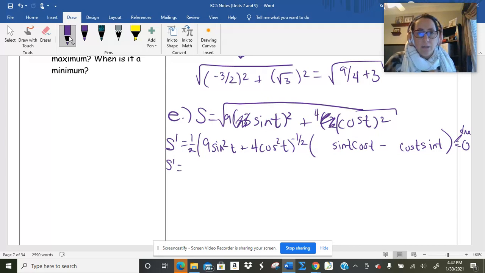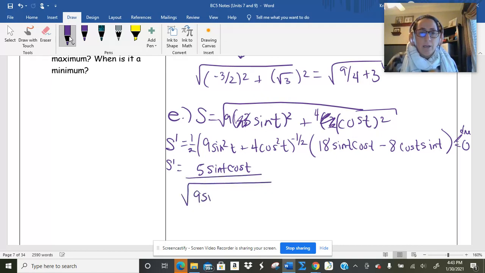Okay, yeah, duh. So this would have been an 18 and then a negative 8. Okay, my bad. So now I have a negative 10 divided by that 2, which would give me 5 sine t cosine t over the square root of 9 sine squared t plus 4 cosine squared t.